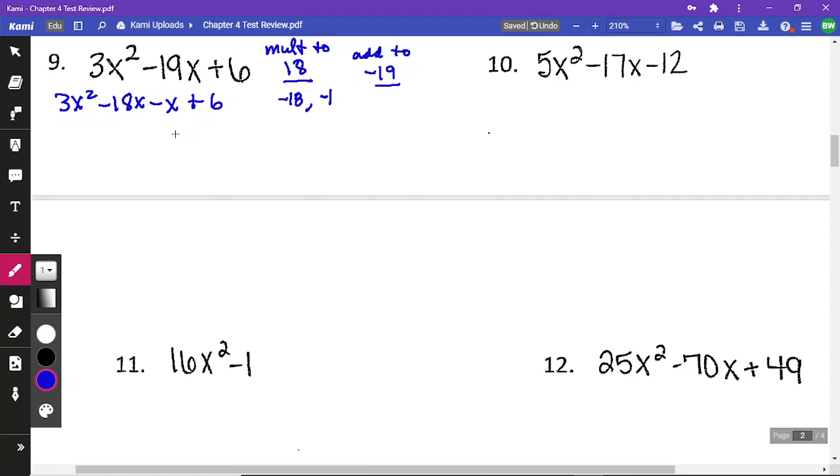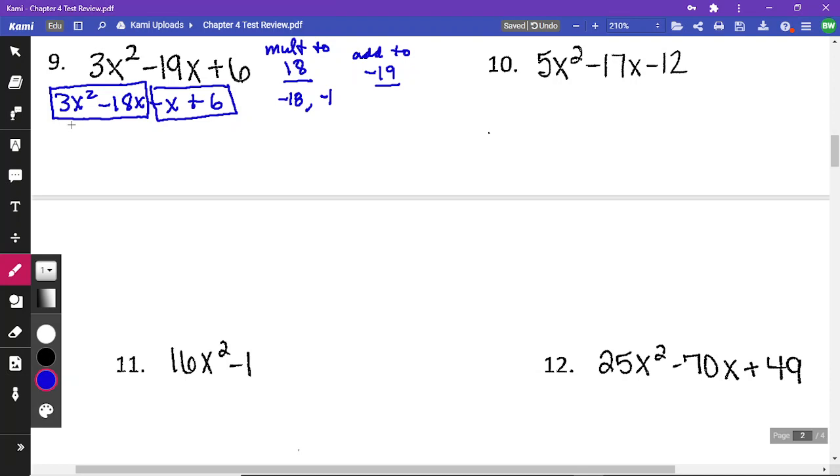Okay, so now we're going to group these and factor out of each of them. You just group them in twos, and we can draw those boxes. I like that method. I think it helps you to see what's going on. The boxes are just sort of a grouping, and so we look at each of those boxes and we factor out the greatest common factor.